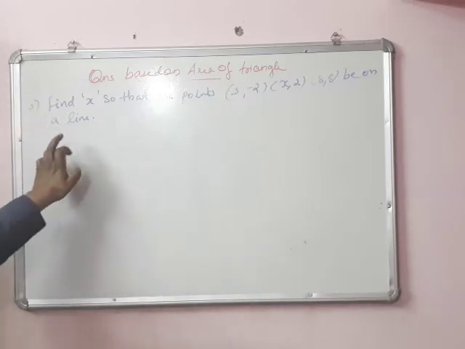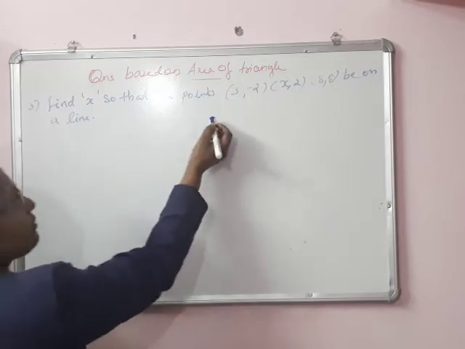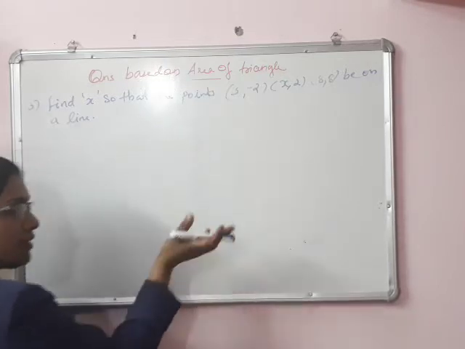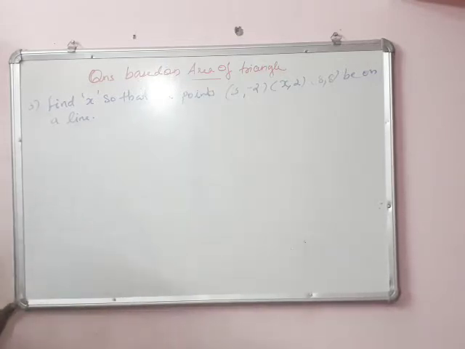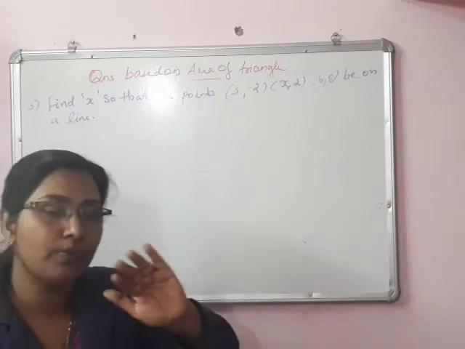So, on a line means we are going to substitute in the formula, same as our formula for the area of a triangle. But here one condition: we are going to equate with 0. There is no need to multiply with the half.